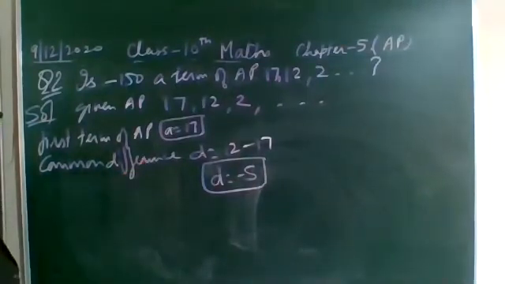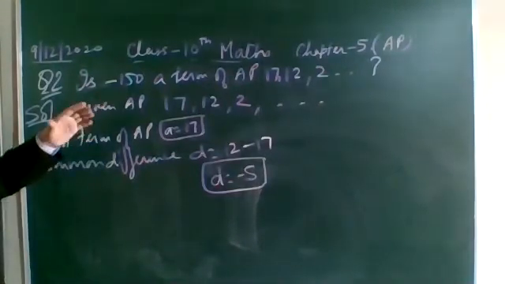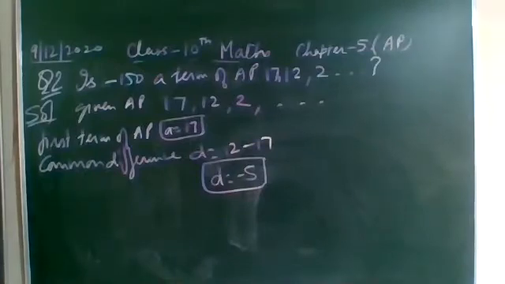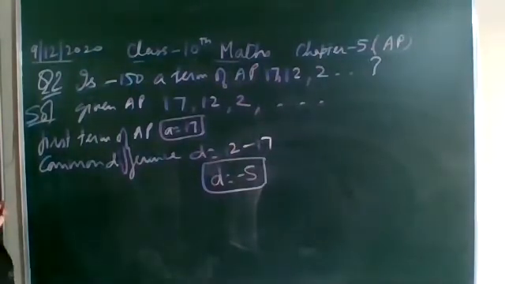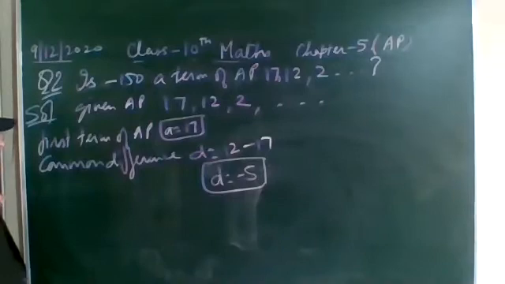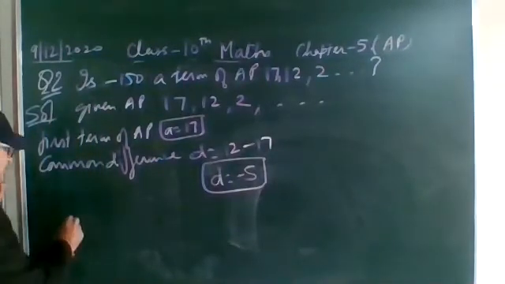Here only one D you will find because the numbers are in AP. But when we have to say that numbers are in AP, then you have to find out two common differences. If the common difference is same, then you say the numbers are in AP. Now here the question is, is minus 150 a term?